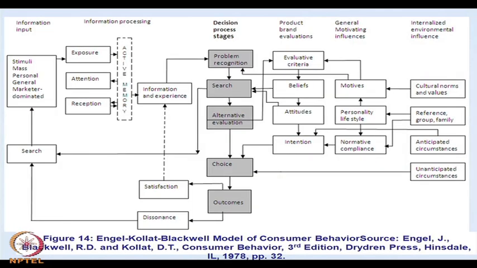It defines very nicely the various constructs and the relationships between them, and the model is very versatile. It has been tested through many product and service categories, through many purchase situations, and so it proves its validity and its reliability. It is a very robust model which explains the various components in the form of information input, information processing, decision process, product brand evaluations, general motivating influences, and internalized environmental influences.